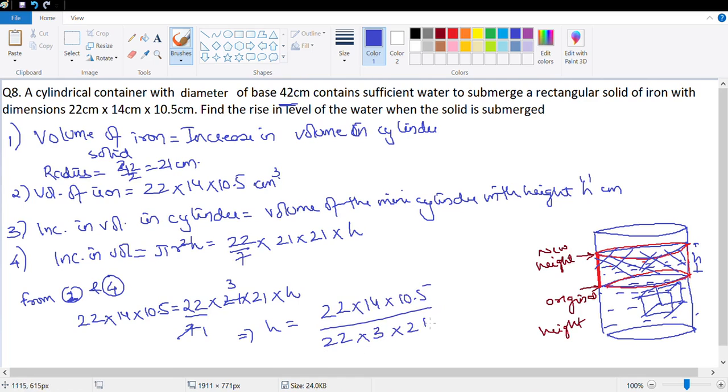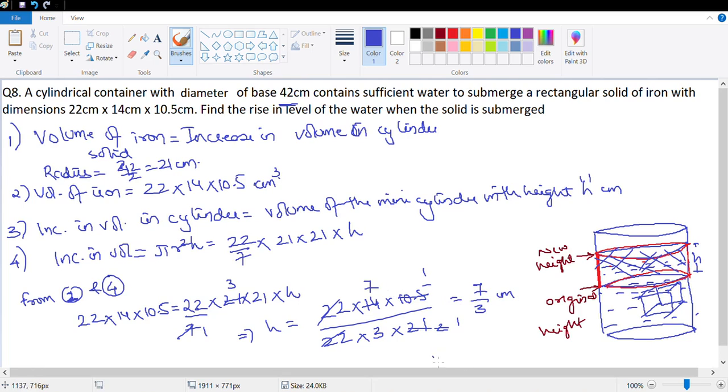Let's just confirm. 22, 14, 10.5 and 22, 3, 21. Perfect. 22 and 22 get cancelled. This is 10.5 into 2. So this is equal to 7 upon 3 centimeter.